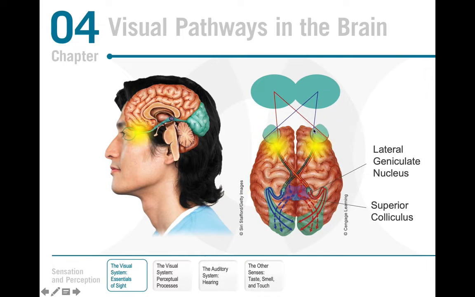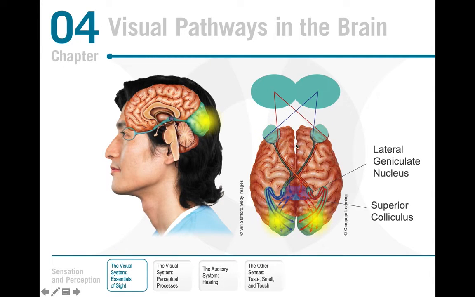So in a nutshell, everything in your left visual field gets registered in the right retinas on both your eyeballs, which then gets transferred to your right hemisphere for further processing. It is the inverse for everything in your right visual field. Everything in your right visual field is registered on your left retinas on both eyes, which then gets sent down the line and processed in your left hemisphere in your brain.